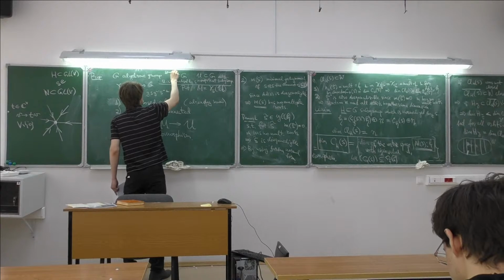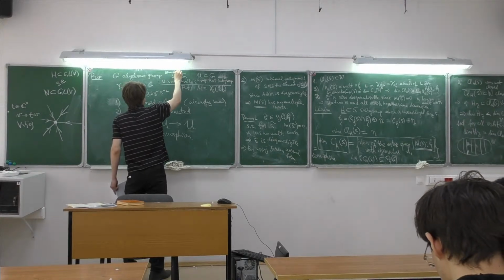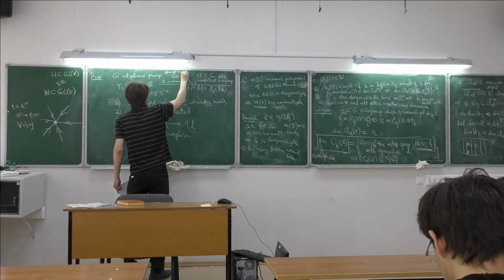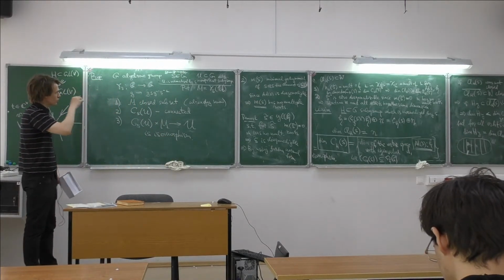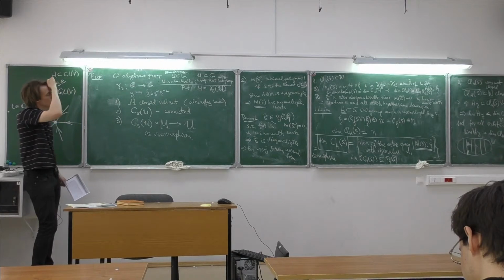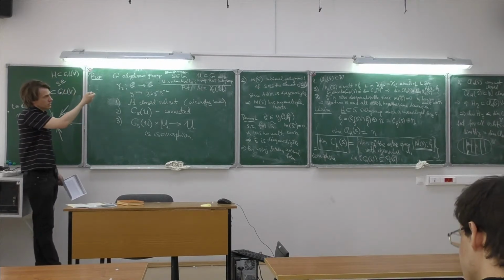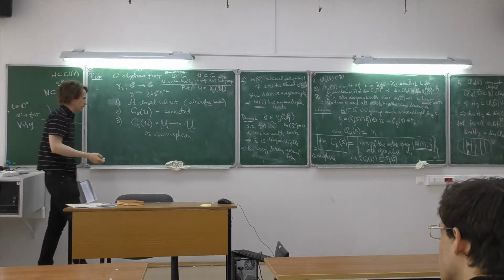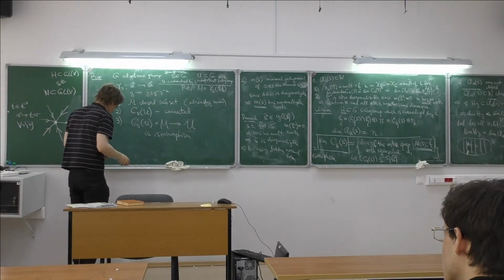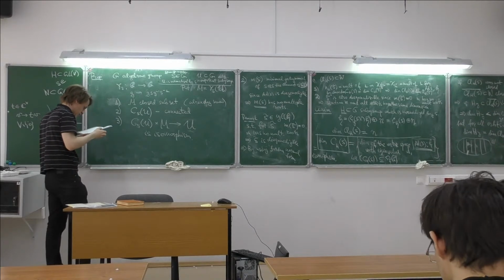Otherwise it is semi-simple. So we just work in the previous setting, but you add a new assumption that U is unipotent now, to distinguish them. And then you have these three conditions.